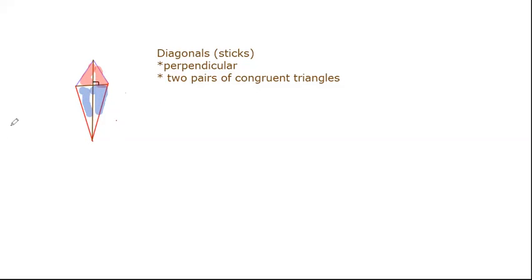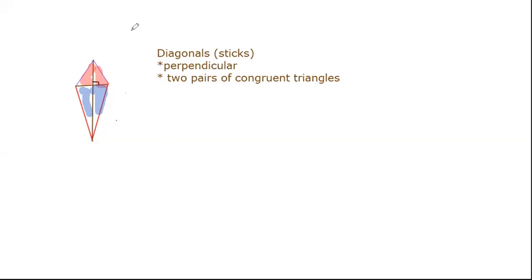Two pairs of congruent triangles, the diagonals of a kite. So a kite also has exactly one pair of congruent opposite angles and two pairs of congruent adjacent sides.